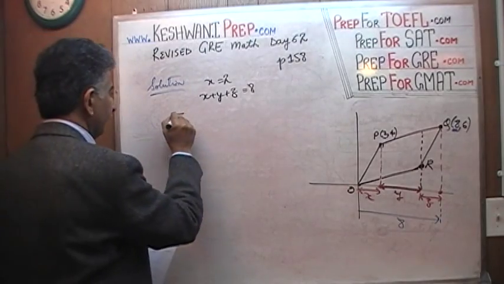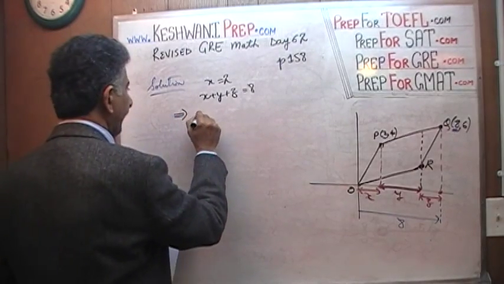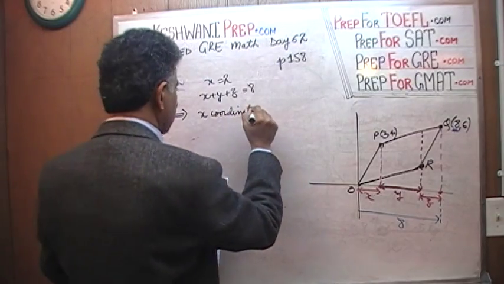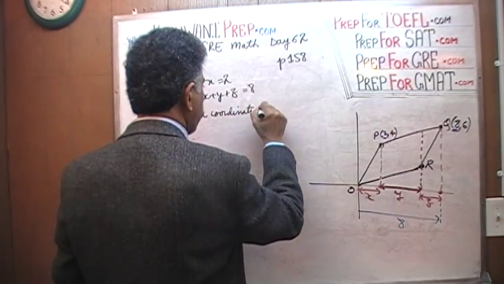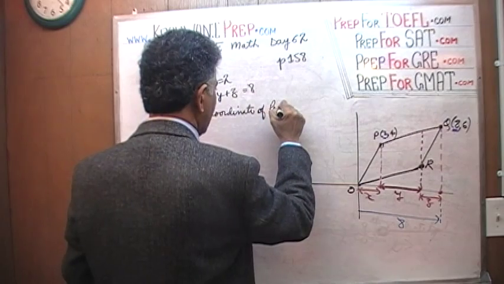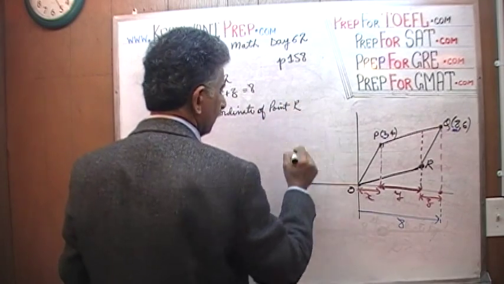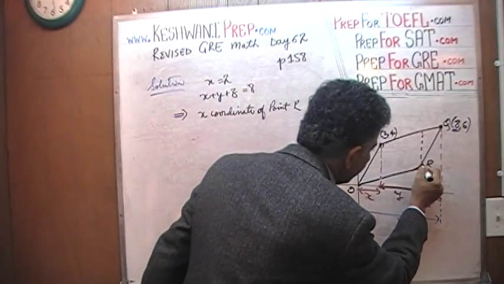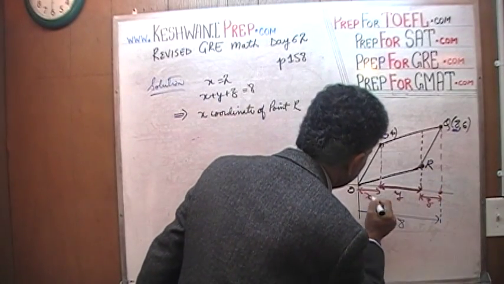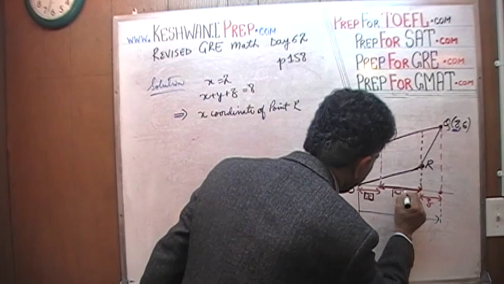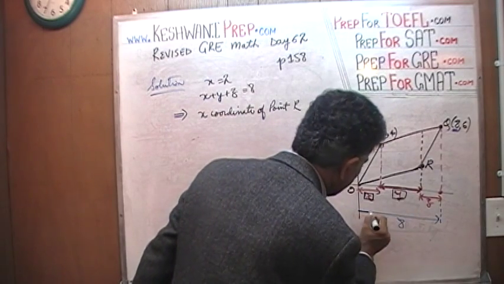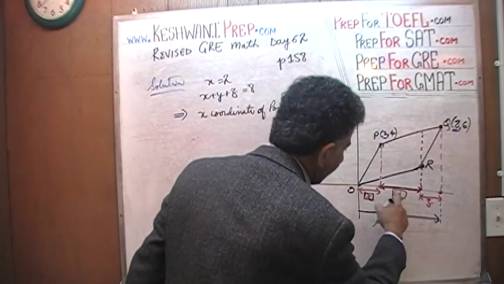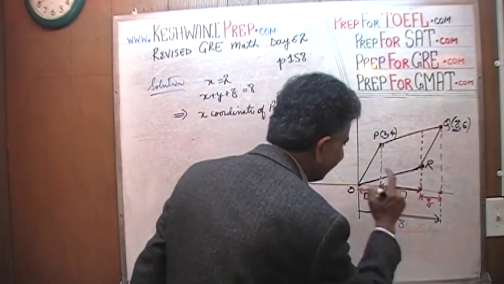This implies that the x coordinate of point R, which is right here, is x plus y. From here all the way up to here is 8, so x plus y must be 8 minus z.